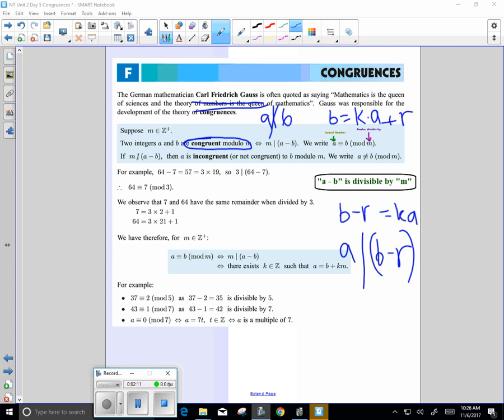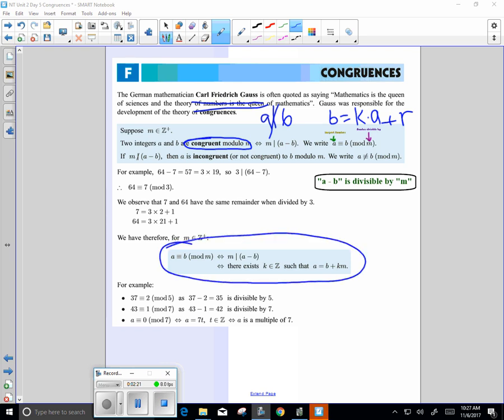And so we're going to get some terms in here. First thing, here's the form that you want to remember. Just one more time, M divides A minus B. So A minus B is equal to M times K. A is equal to B plus MK. This is pretty much in a nutshell what this is about.